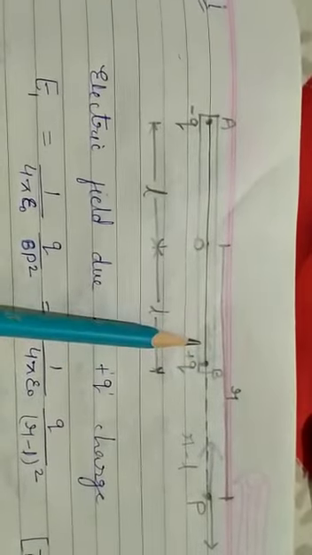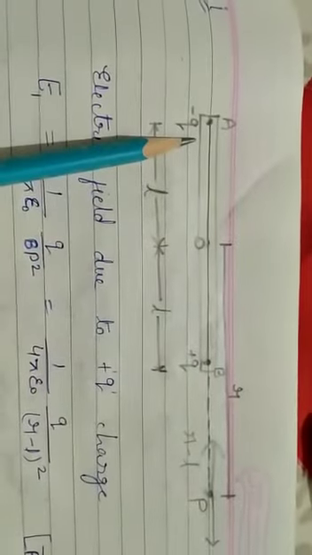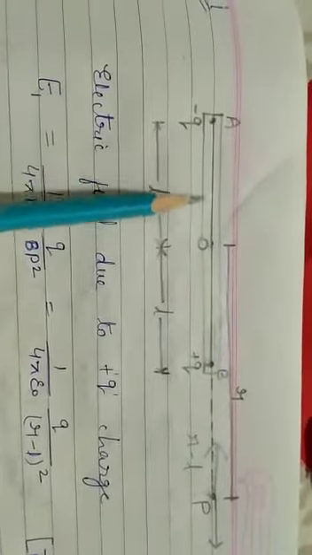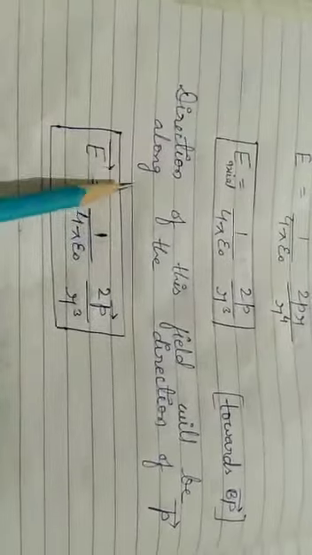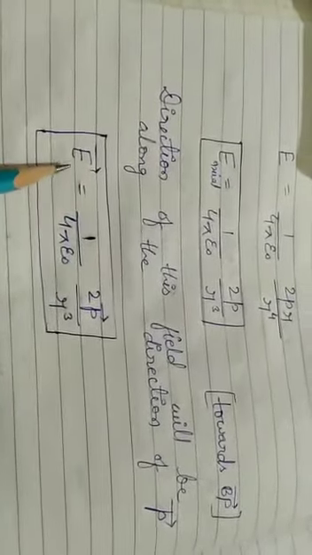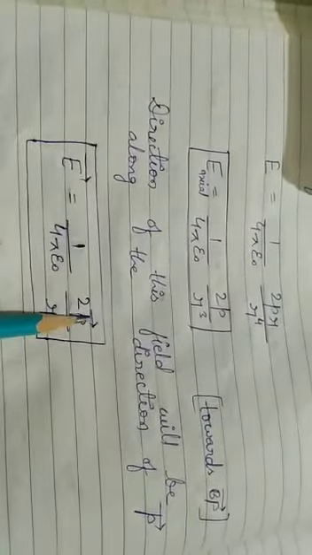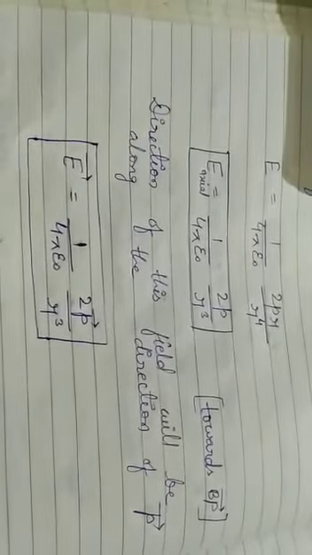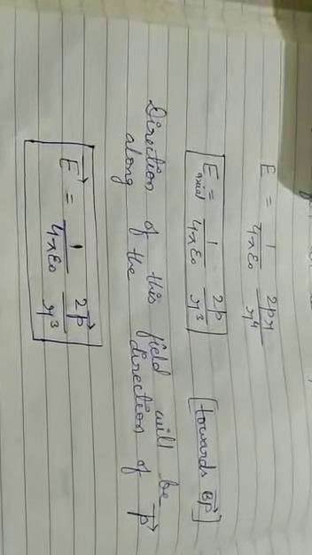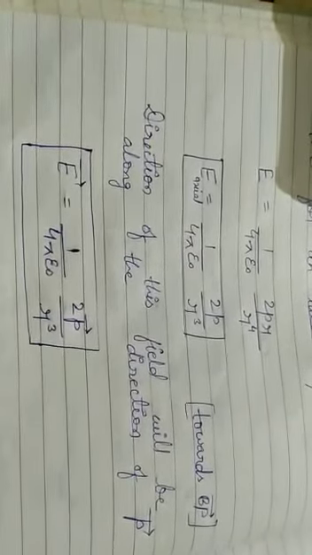So we can also say that because of an electric dipole in axial position, the direction of its electric field is in the direction of the electric dipole. And in vector form we can write it like this: E vector equals 1 upon 4 pi epsilon naught, 2 p vector upon r cube. This is the formula for the electric field due to an ideal electric dipole at an axial point.